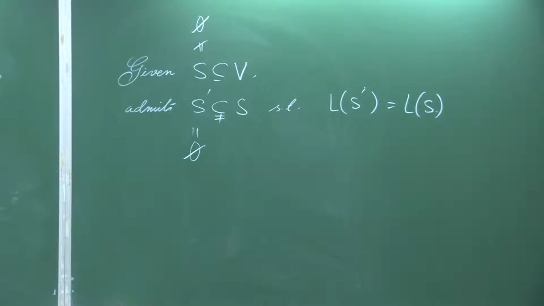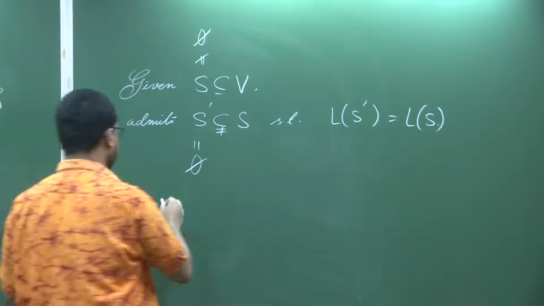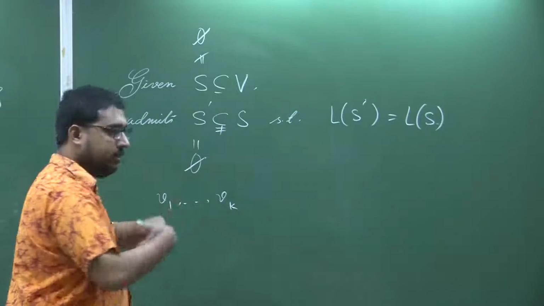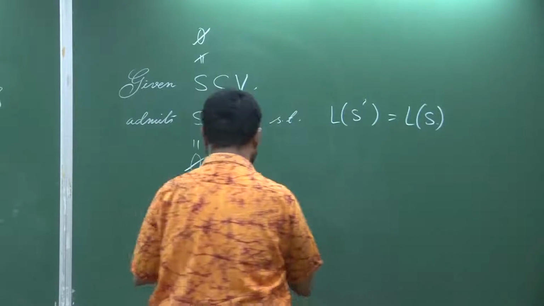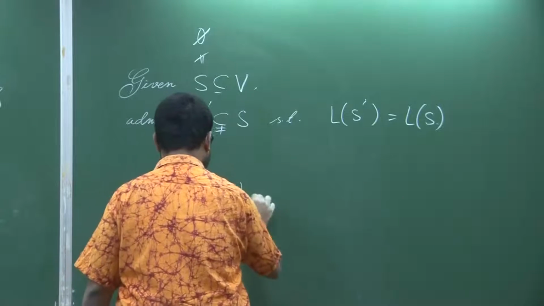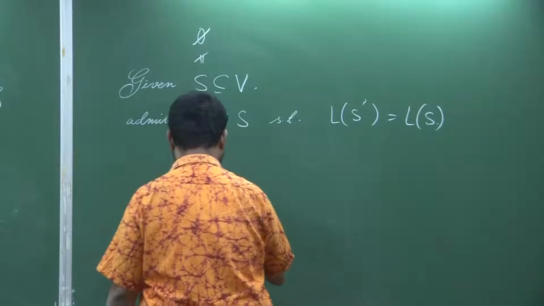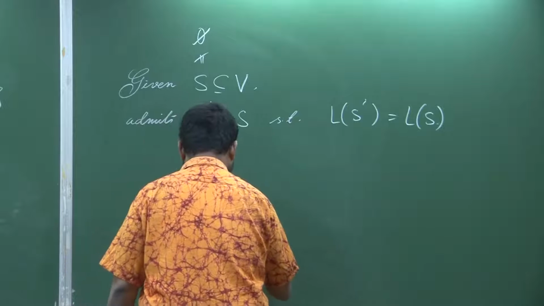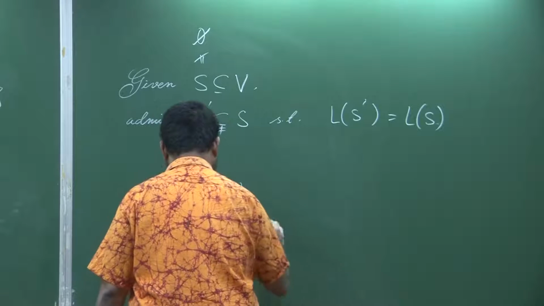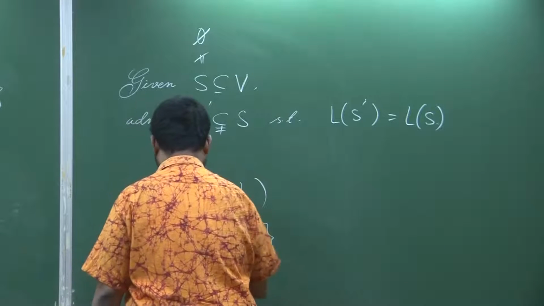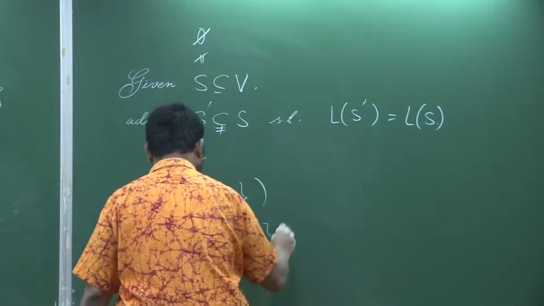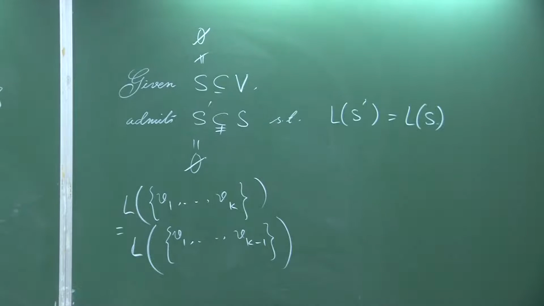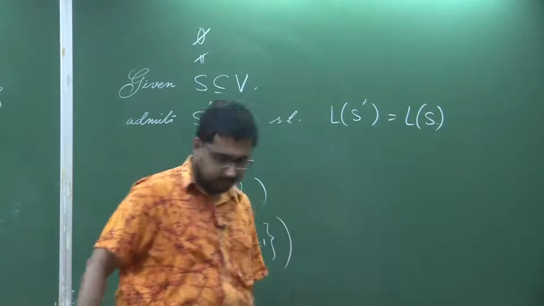So, for example, our scenario is as follows: let us simplify things for finite sets, I am just trying to talk about an instance. Suppose this is my S, then by deleting the last element, the span does not change. Okay. So, this is the situation.